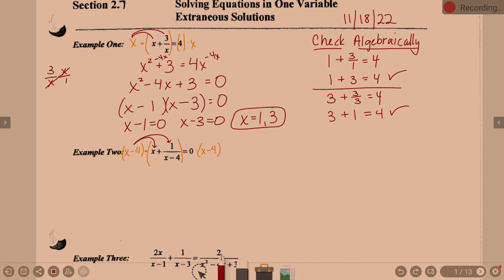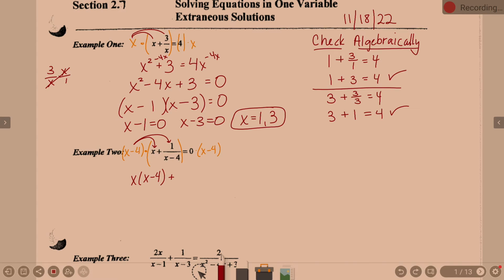Does that make sense? So we're taking that whole x minus 4, and we are distributing it. Now, for the moment, when you multiply the x and x minus 4 together, I'm just going to write it as x times x minus 4. If you go ahead and distribute, you're fine. I'll do that next step.